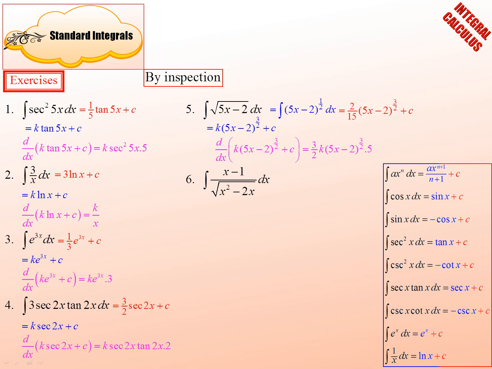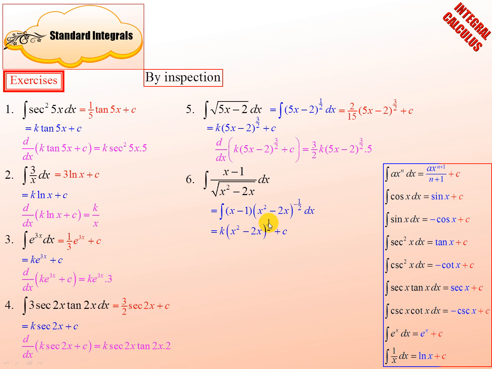Number 6, we have the same case. If we differentiate that, we get 2x minus 2, which is twice x minus 1. So this looks like the derivative of the inside, so it's a chain rule. So we'll say, well, this must come from x minus 1, x squared minus 2x to the minus a half. So therefore, k times x squared minus 2x all to the half.